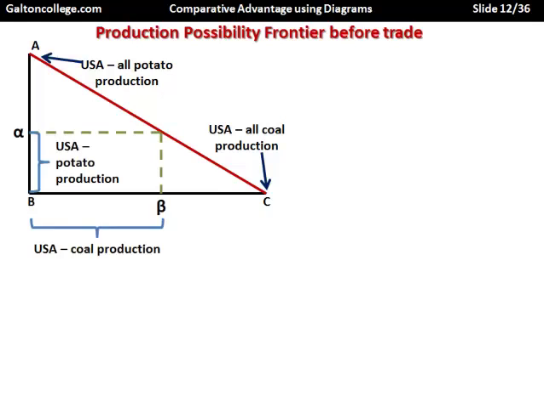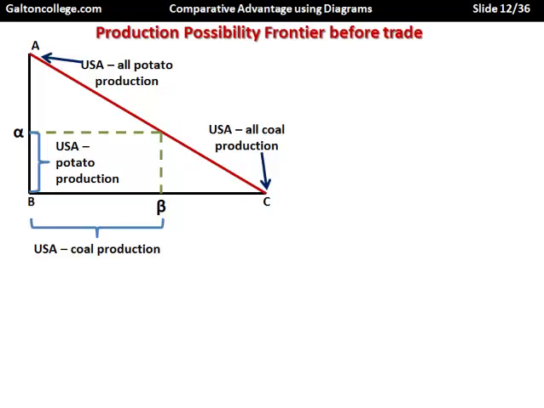So let's say in practice America produces alpha B of potatoes and B beta of coal. So in practice, let's say that's what America produces, and that's what it's capable of producing.